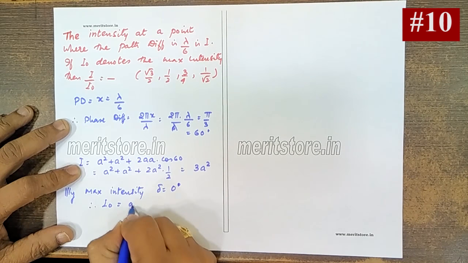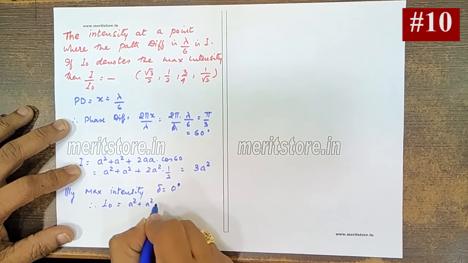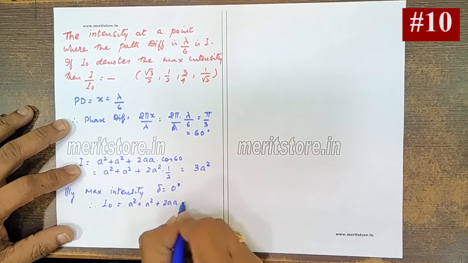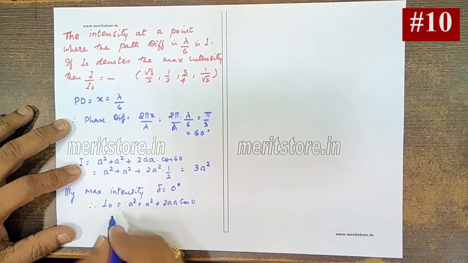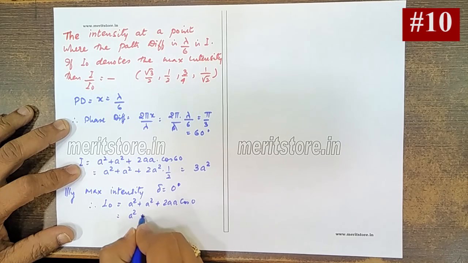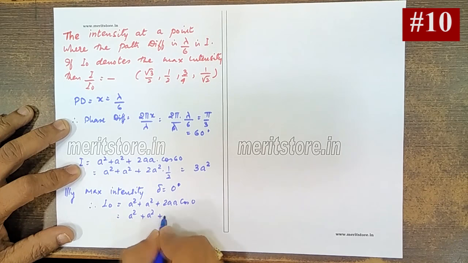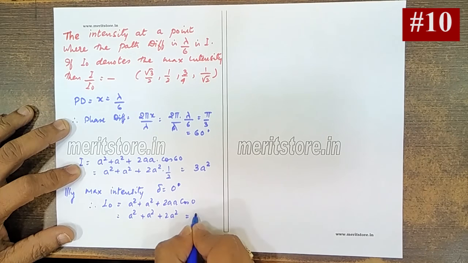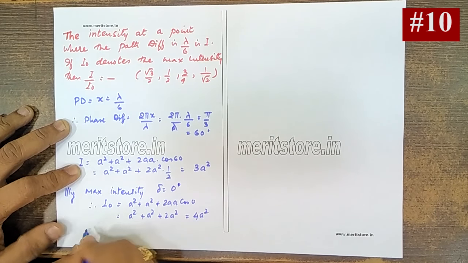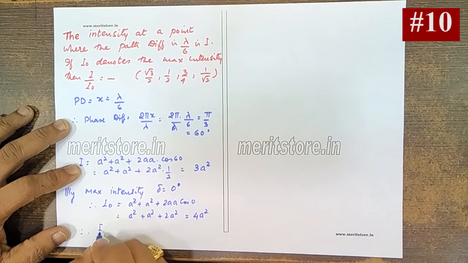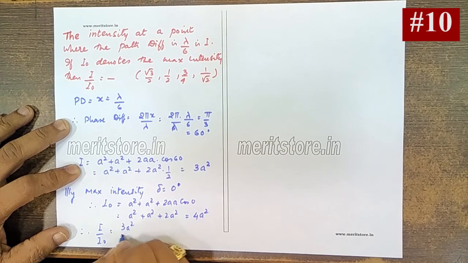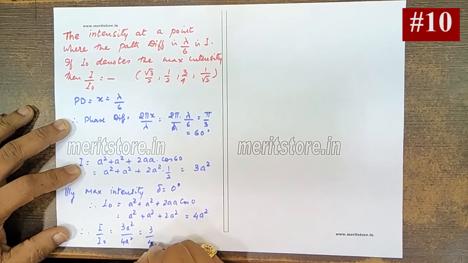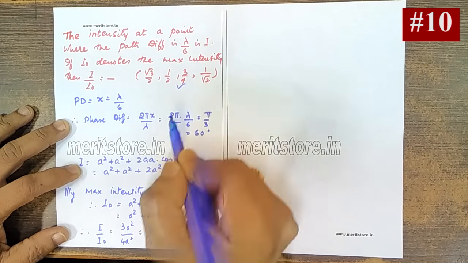So that is a squared plus 2aa cos of 0. So this is a squared plus 2a squared, which gives me 4a squared. Therefore I upon I0 will be 3a squared upon 4a squared. The answer is 3 by 4.